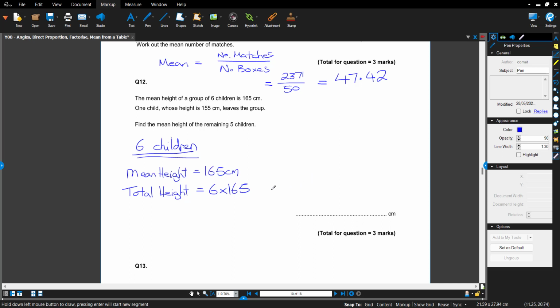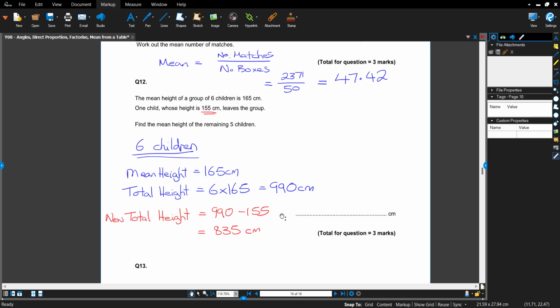So in total, if you stacked them all on top of each other, they have 990 centimeters. Now one of them left, and they are 155 centimeters. So their new total height equals 990 minus 155. That should give you 835 centimeters.